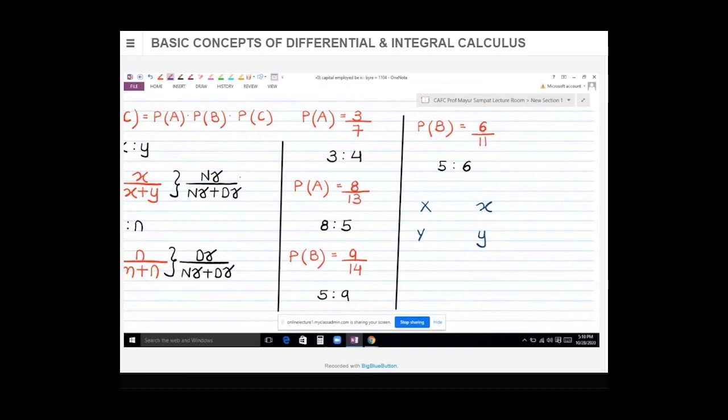But when we talk about a random variable, do you know how to find the probability of a random variable?